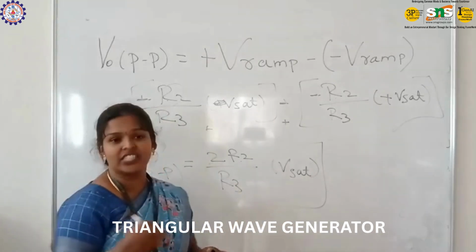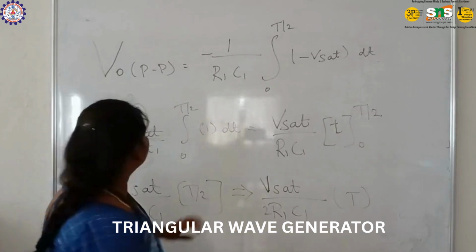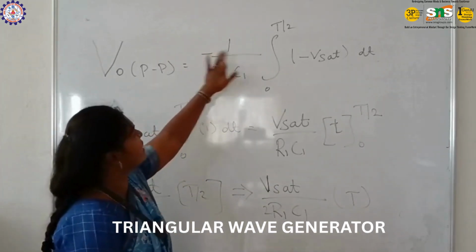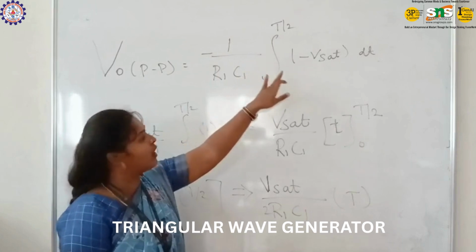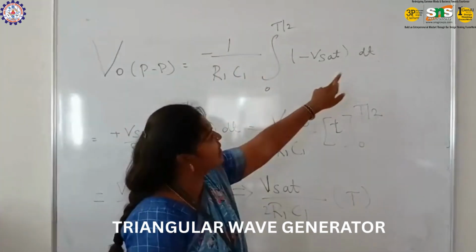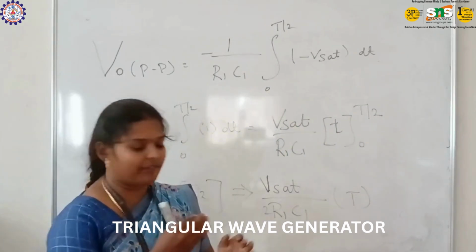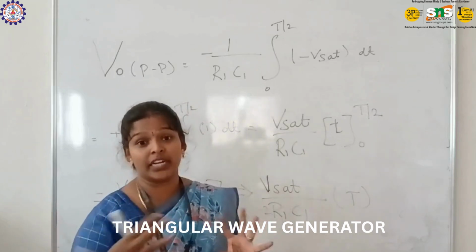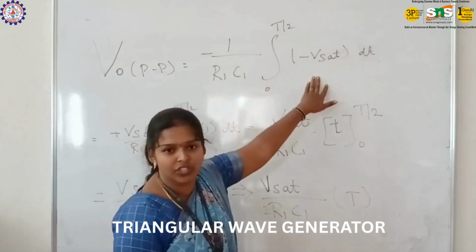Lastly, we calculate the frequency value. Next is our integrated output. V0 peak to peak equals minus 1 by R1 C1 integral from 0 to T by 2 of minus V saturation dt, because during the minus saturation the Vramp goes to the rising edge, from negative to positive, that's why we take minus V saturation here.